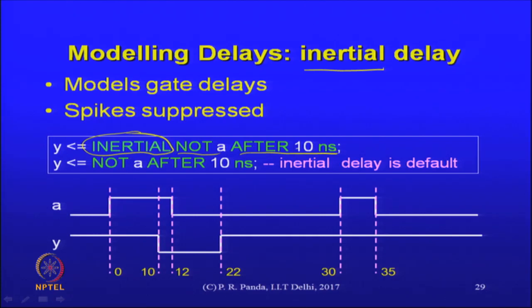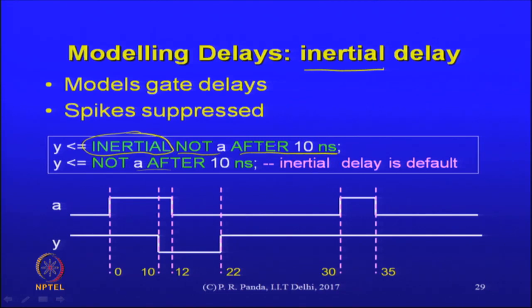That 10 nanosecond is the amount of delay that we have specified, and after inertial, these are syntactical constructs of the language. Actually, the default delay, if you do not specify anything, is inertial. So, even if you do not specify inertial, a statement like that is equivalent to inertial delay. Inertial as opposed to what we will get to later.